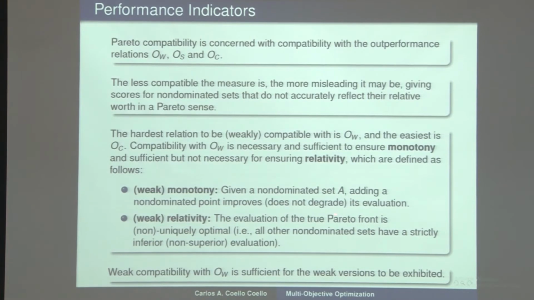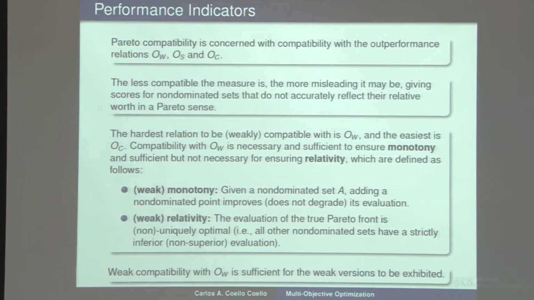It never degrades the evaluation. And weak relativity means the evaluation of the true Pareto Front is non-uniquely optimal. That means all other non-dominated sets have a strictly inferior or non-superior evaluation. So having weak compatibility with OW is good enough.